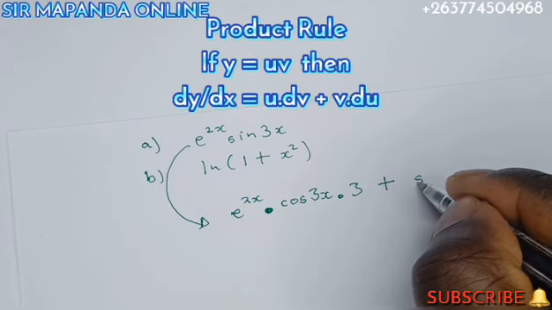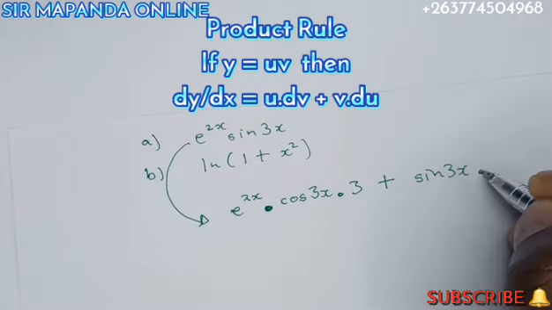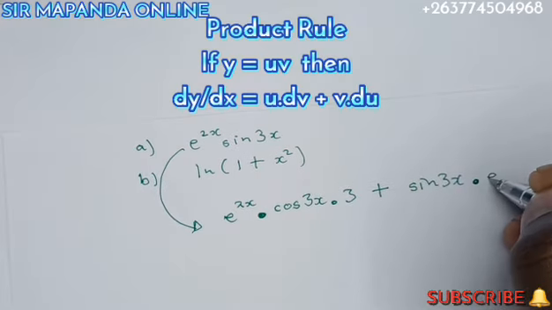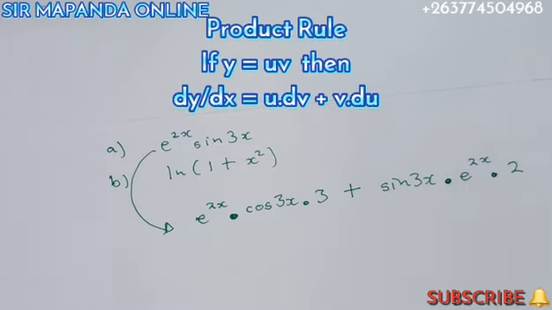Then I'm now writing sine 3x as it is. Then you put dot product so that you differentiate e to the power of 2x. So derivative of exponential is original function times derivative of the power. So you write the exponential as it is, then you multiply by the derivative of 2x, which is 2.